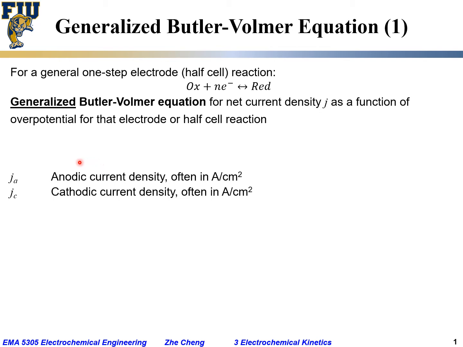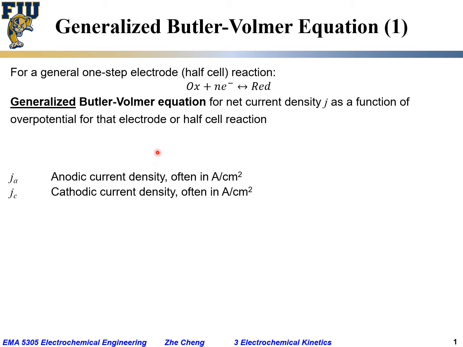Okay, so JA is J0 times the first term in the braces, and JC is J0 times the second term, and don't forget this negative sign here. Different from the previous Butler-Volmer equation, now we have a term called CS over C0.